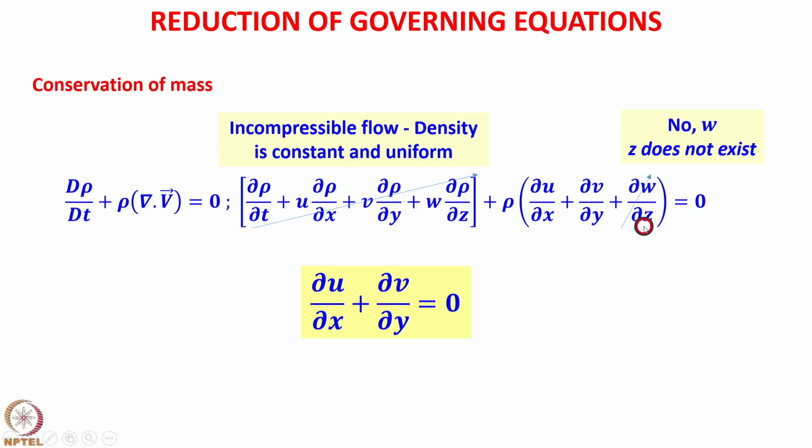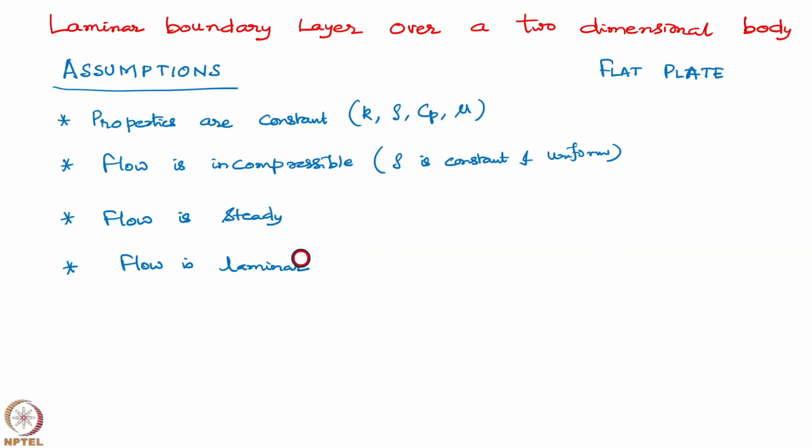So W and Z will not exist, so dou W by dou Z equals 0. The continuity equation reduces to dou U by dou X plus dou V by dou Y equal to 0.